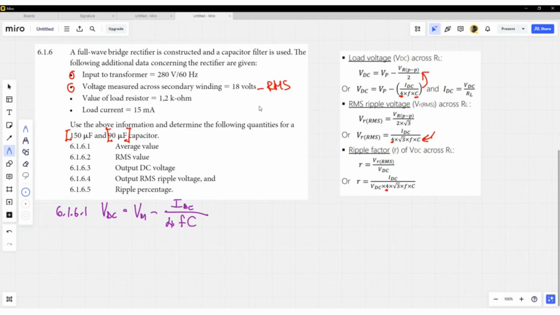The maximum voltage here is going to be square root 2 times 18, minus, what is I_DC? That was given to us as 15 milliamps, so that's 0.015, or 15 times 10 to the minus 3 if you want. Frequency is given to us as 60 hertz. And the capacitance, we're going to use the 150 microfarad example this time.